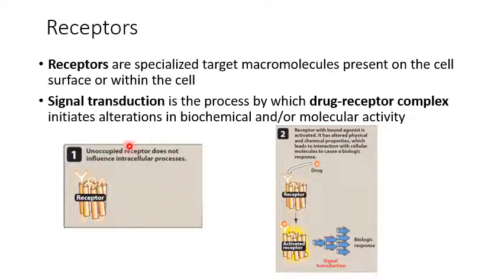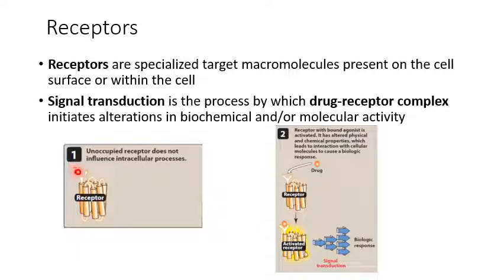This is the shape, or an example, of a receptor that could be present on the cell membrane when it is occupied by the drug. And by the way, when a drug has the ability to occupy a receptor, it is called a substrate.